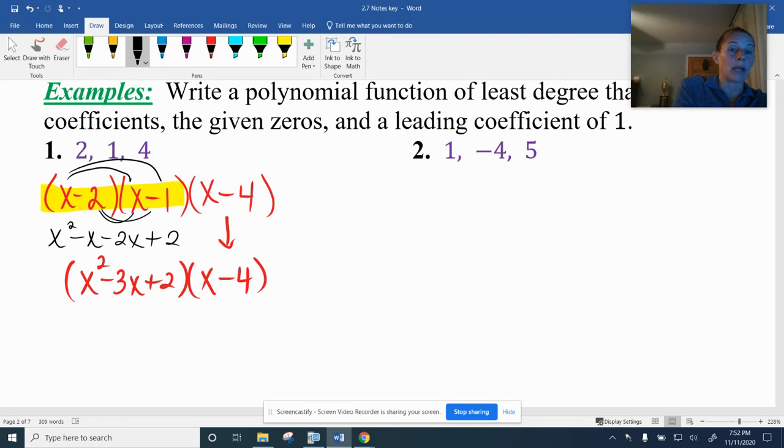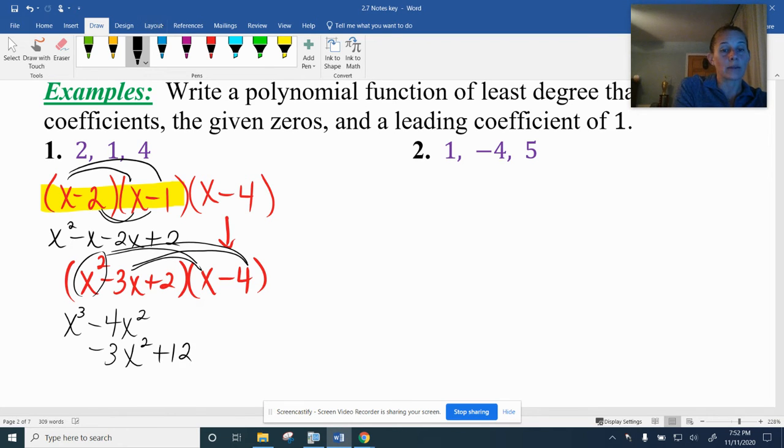So I'm going to take my x squared and multiply it to each of these terms. I would have x cubed minus 4x squared. Then I'm going to take the negative 3x and multiply that to each of those terms. So negative 3x squared and plus 12x. And then finally the 2, so I would get 2x minus 8.